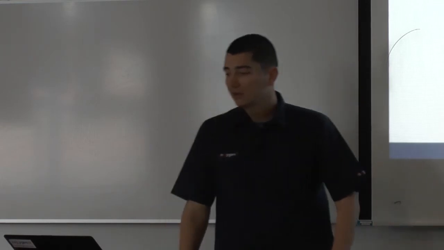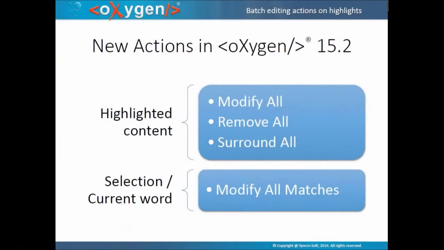In the latest release, oXygen features a new set of actions that help you achieve these tasks. They are split in two categories. The first category is actions that are available on the highlighted content.